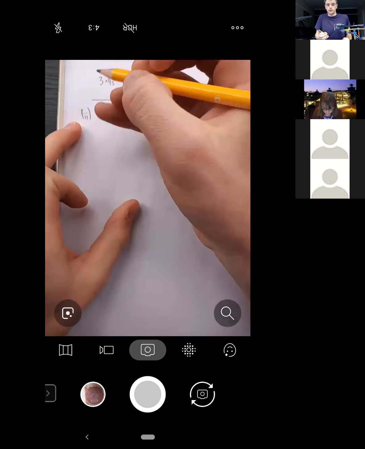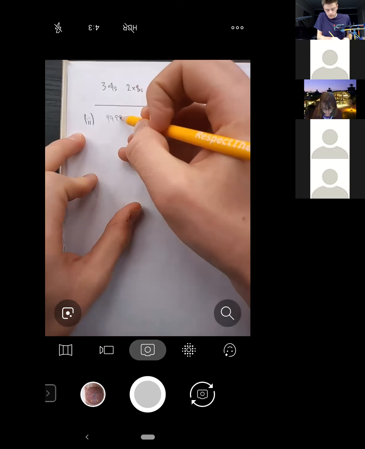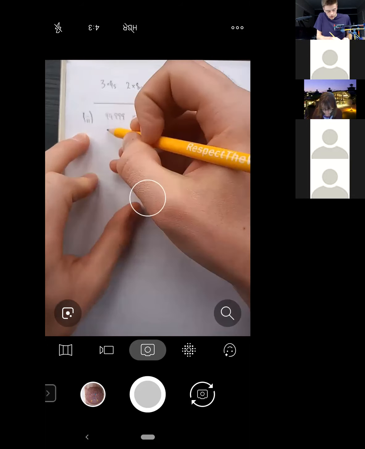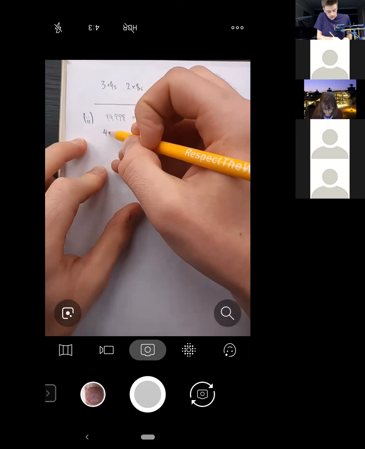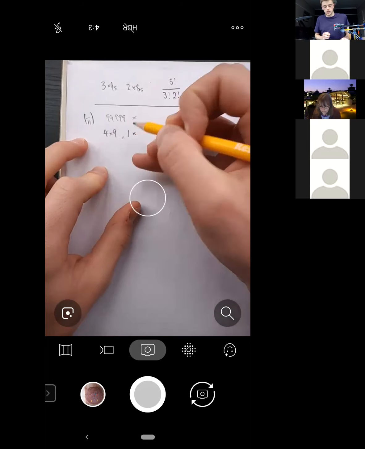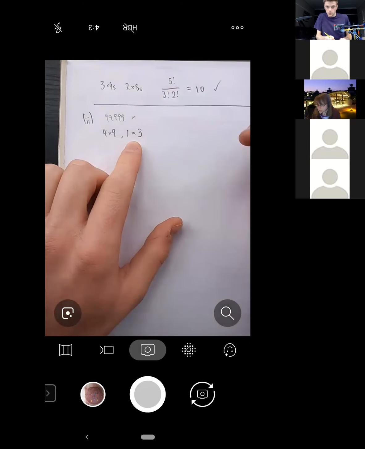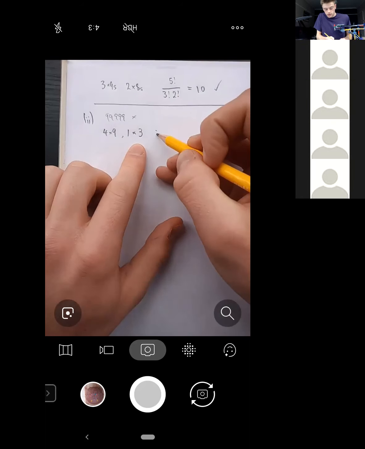So let's count the nines. We're trying to get to 39. Again, 5 nines isn't going to be much help, but it's quite close. So what if we change to 4 nines and one other number, and 4 nines sum to 36, so obviously the other number has to be 3. How many ways are there to do this?